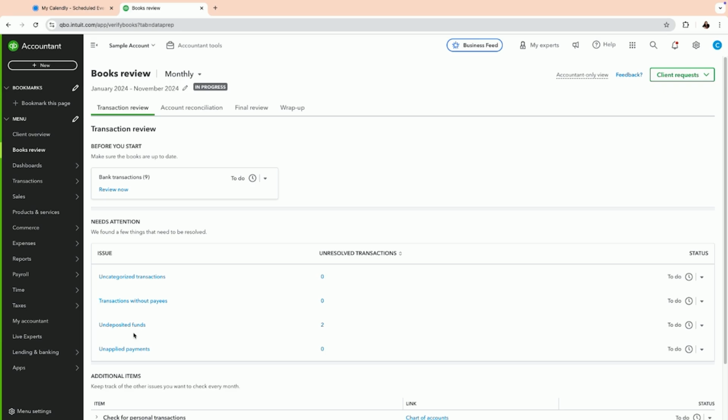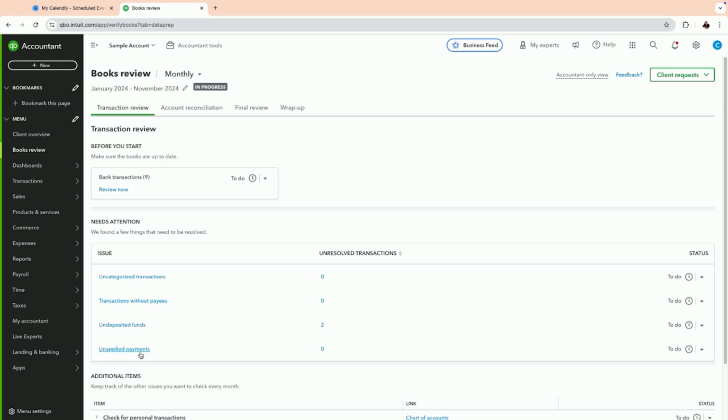So you want to make sure you deposit to the right account, and if it is a checking account or a bank account, you want to make sure that you're matching them to the deposits that you have. There are lots of videos of mine on the subject of undeposited funds, because this is one big problem that we find over and over again. If this is the case, you want to watch one of my undeposited funds videos.